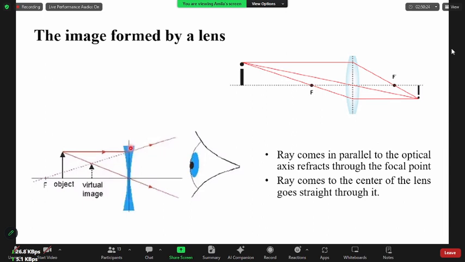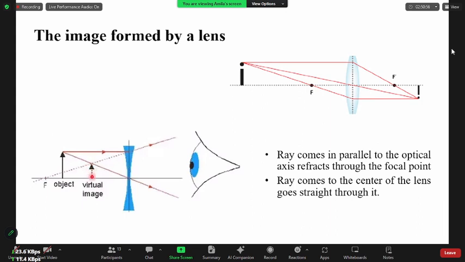Now, since this is a concave lens, it spreads out, as if it comes from F, like this. Then the ray that comes to the center goes straight. So the crossing point of these two rays is this. So the image is somewhere here.